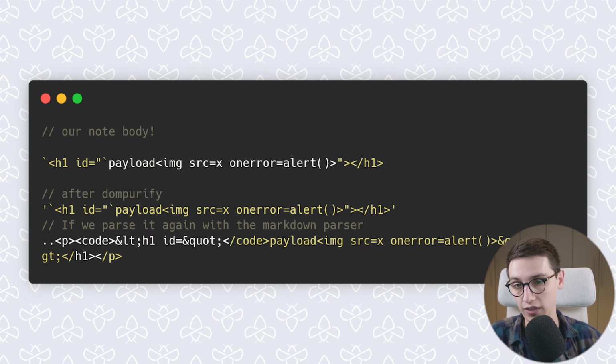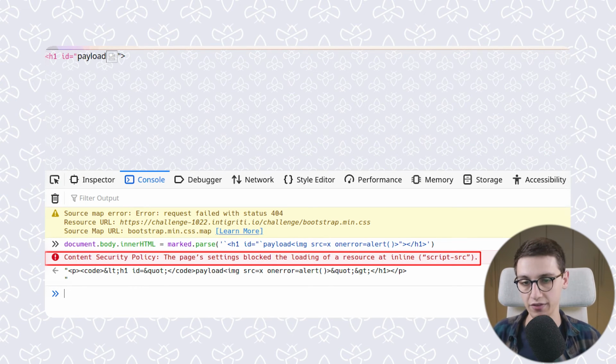And now, if DOMPurify checks this, it's going to say, okay, that's all okay. And it is all okay, because if you just put that in HTML, that's fine. But if you parse that again, then that's not okay anymore. So in this thought experiment here, if we set document.body.innerHTML equal to marked.parse of our string that is allowed by DOMPurify, then we see that that triggers the CSP.